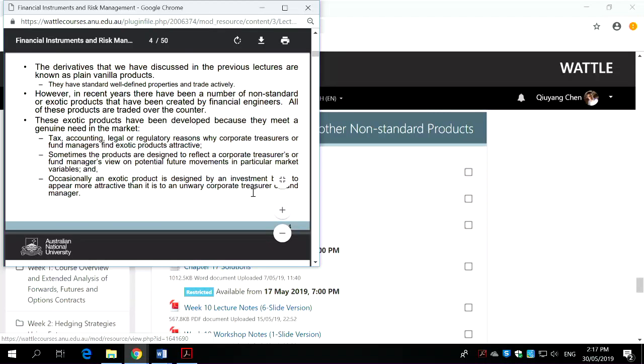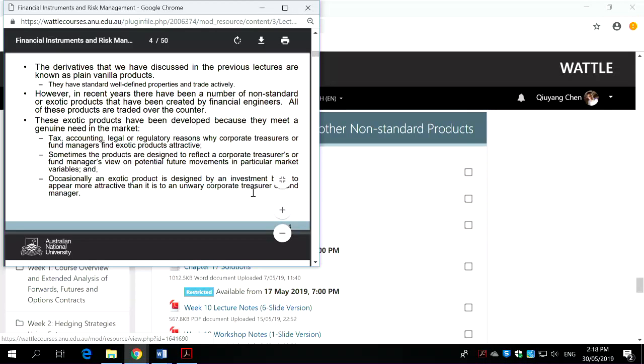You need to know the definition of all the exotic options, and you need to know their payoff. But you don't need to know how to price them, right? Because we didn't learn how to price them. We only talk about the payoff of those exotic options. Is that clear? Definition plus the payoff. All of them. That's right, all of them.